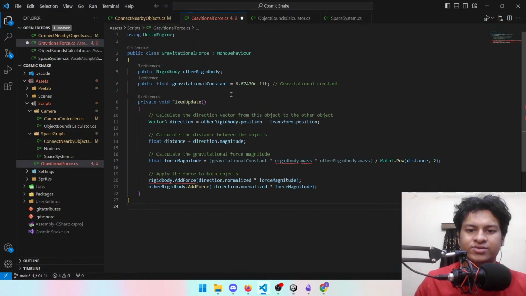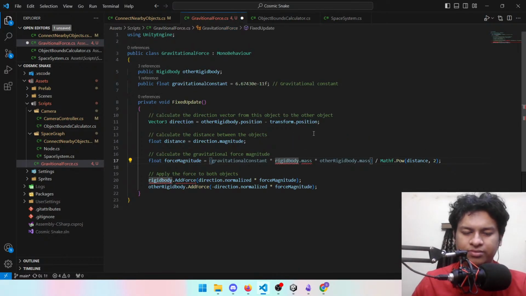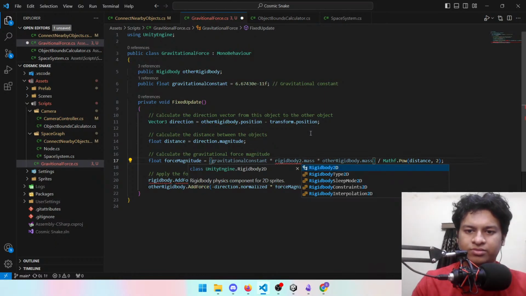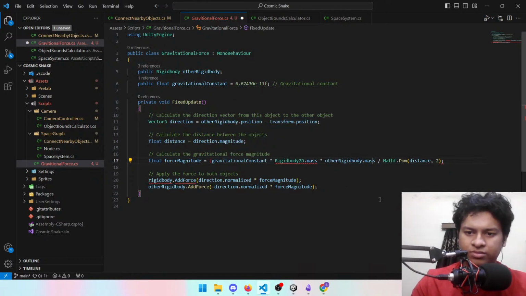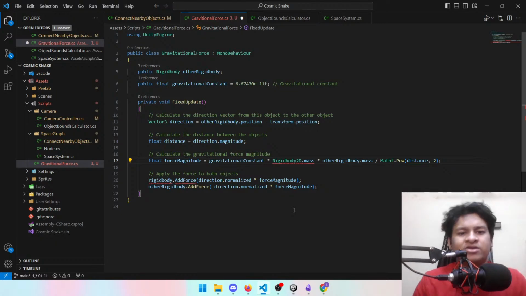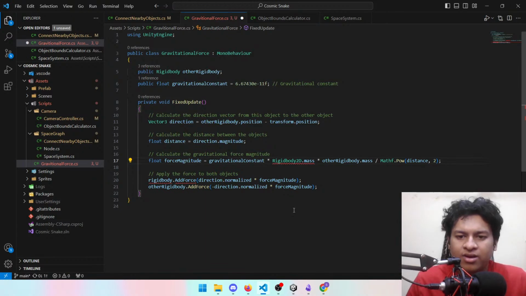Why did I put this? How is it getting the other rigid body in this scenario? Well, I guess it's not getting it then. I have to get it. And that is fine.